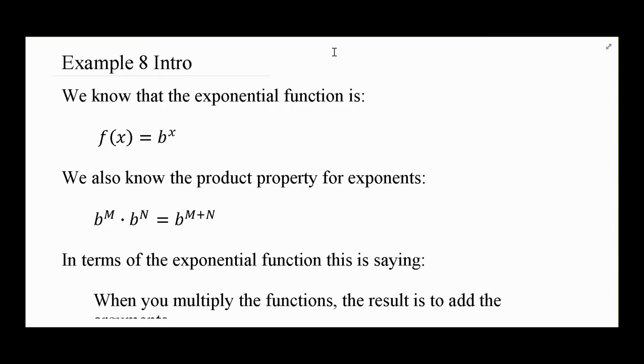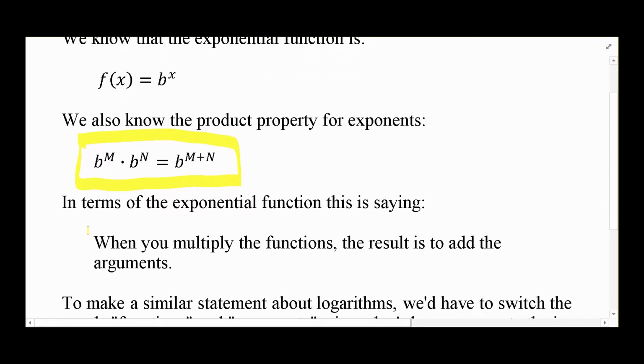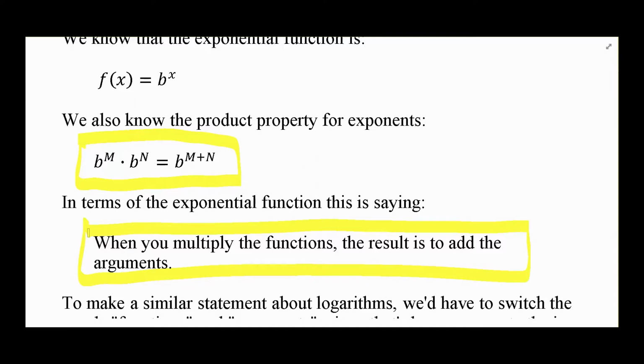That's the exponential. And so we have this rule for exponents that says when I'm multiplying together two exponential functions, the result is an exponential function where I added the arguments. So that's where I have this written out in words. That rule that we all know, b to the m times b to the n equals b to the m plus n, as long as those bases are the same.